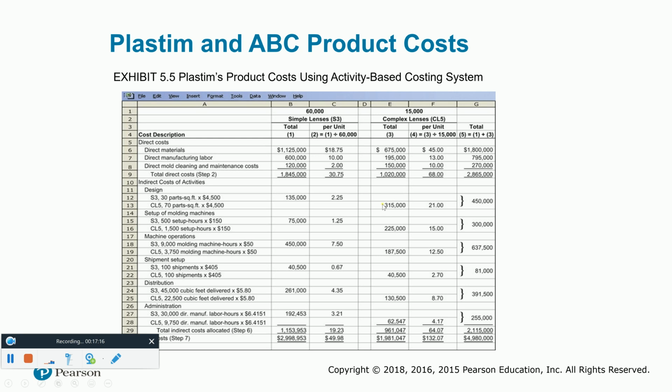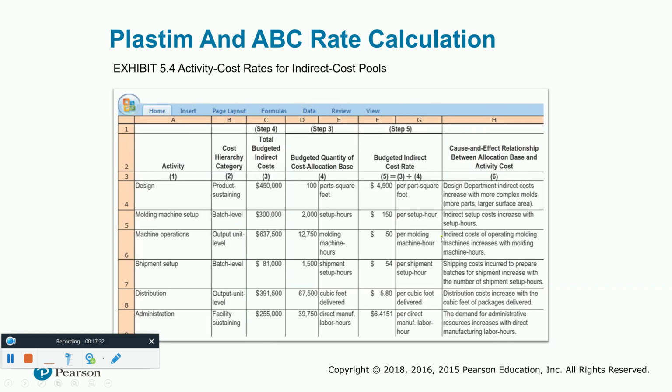That's the allocation driver. You get 315,000. The setup of molding machines. For the simple lenses, 500 setup hours times 150. That was from the prior slide. The complex lenses, 1,500 setup hours times 150. That's this here, the 150 per setup hour.